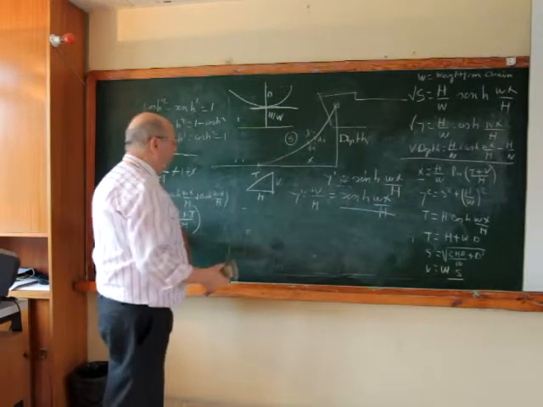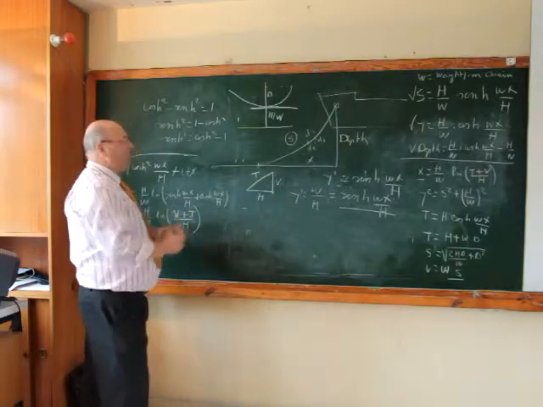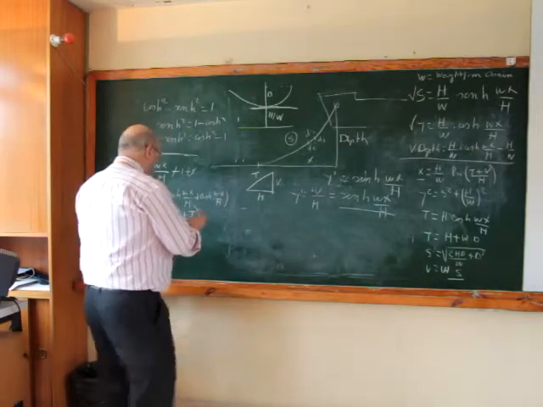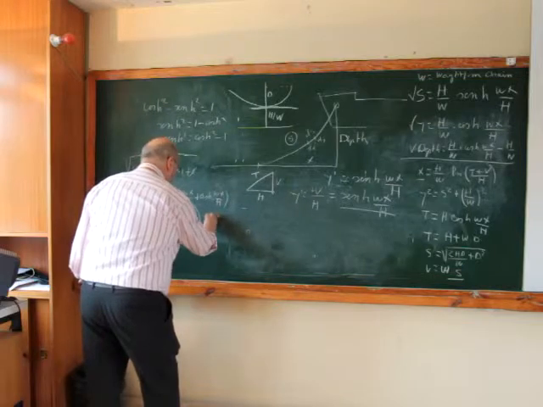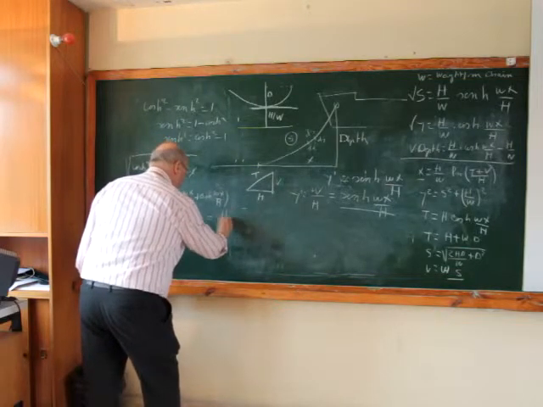So I have here B divided by h. Well, and also I can find out another one that will be something like that.